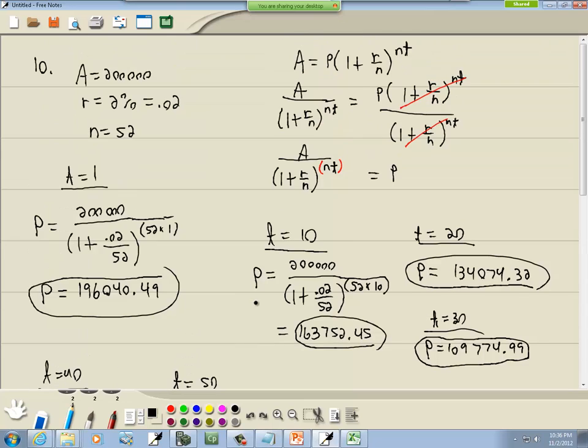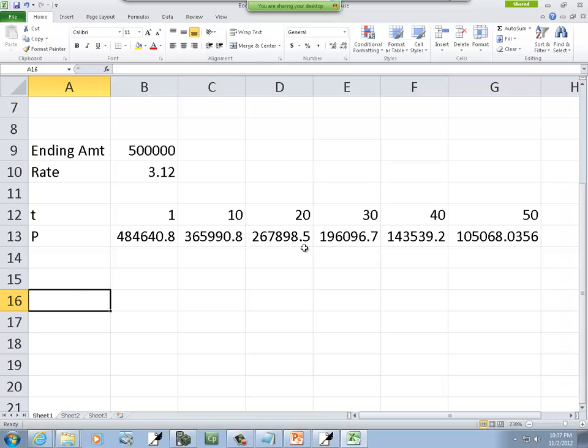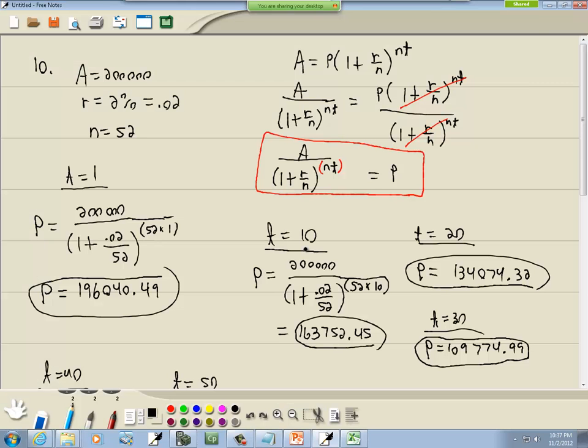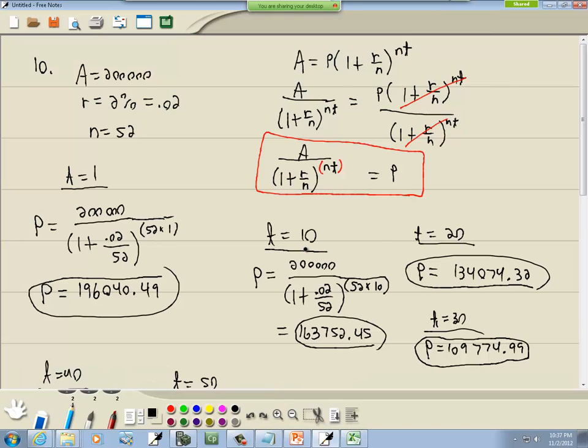Okay, well, let's put this into Excel. Sorry, it's a little tricky to put into Excel, but it's worth it because then we're set up for life, or until the spreadsheet becomes corrupt. So A is our ending amount, so we need that. Okay. So ending amount, and that was 200,000. We also need rate, which was 2%.